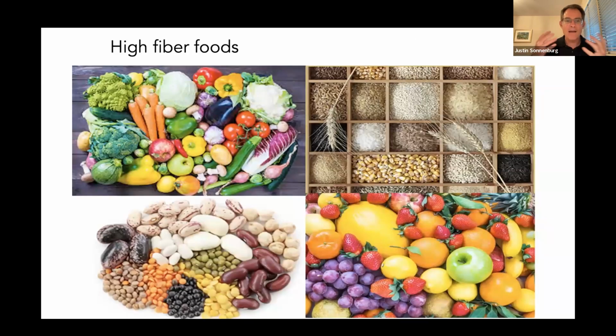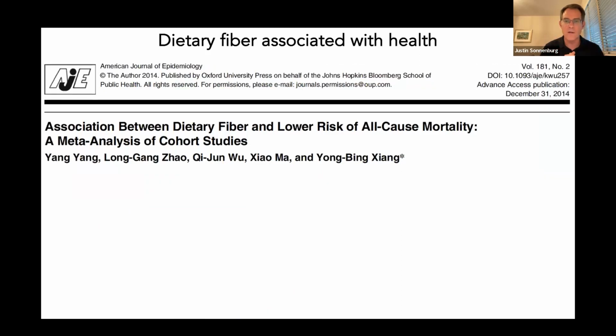For the high fiber foods, again whole grains, vegetables, legumes, fruits, instead of eating 15 to 20 grams of dietary fiber per day, we got them eating over 40 grams per day.